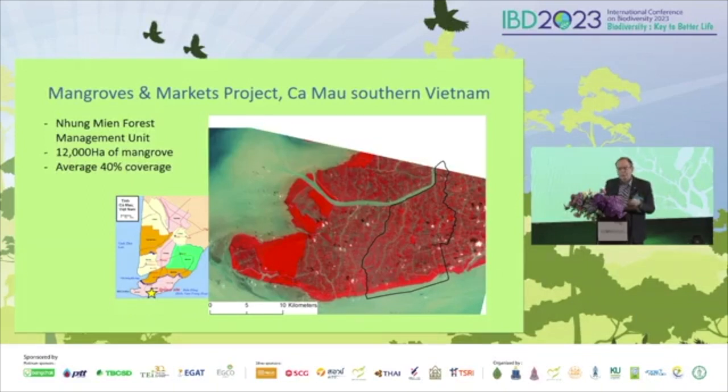But shrimp farming in particular was the cause of massive clearance of mangroves, and as shrimp farming intensified, there was less mangrove, but the arrival of shrimp diseases started to create very great hardship socially and economically. So there was pressure to try to return to some sort of sustainability in terms of using the mangrove to provide aquatic production, but at the same time protect the other important services that the mangrove provides.